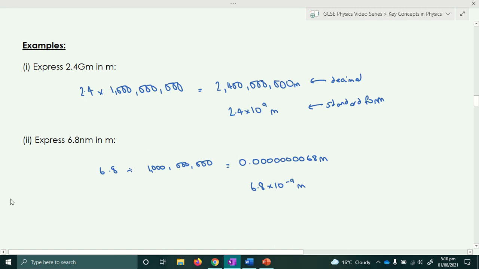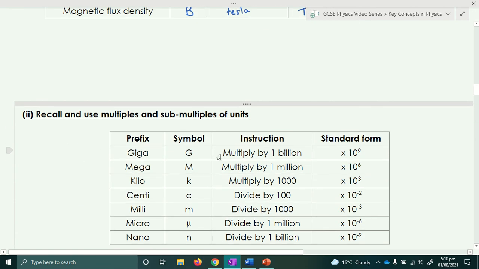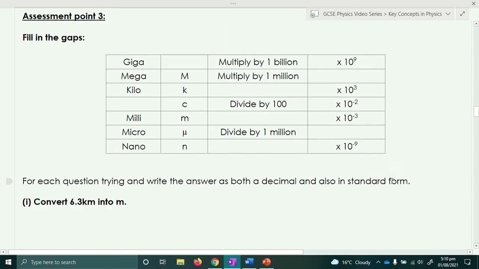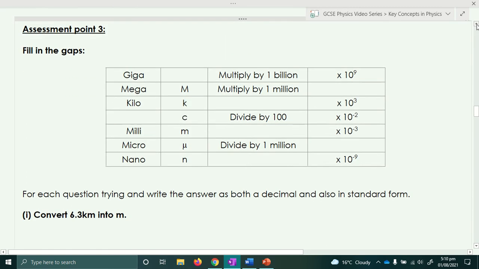The key thing to pick up at this stage is be on the lookout for these prefixes to the left of units and know what the prefix tells you to do to the number in your calculation. That's the key thing at this stage. So let's take another assessment point in here. What I've given you is the same table as above, but with some gaps in it to see if you can fill those gaps in.